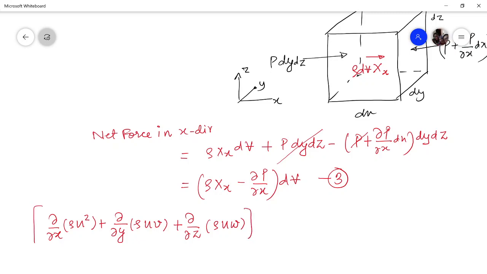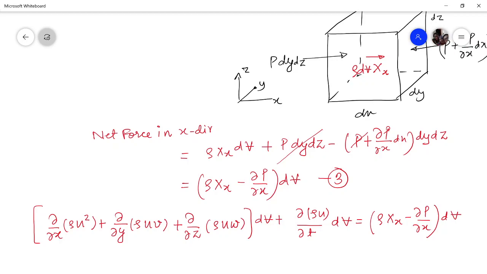This is the net momentum efflux in the x direction from the control volume, plus the rate of accumulation of momentum within the control volume in the x direction, that has to be equal to net force, that is rho X minus del p by del x dv.